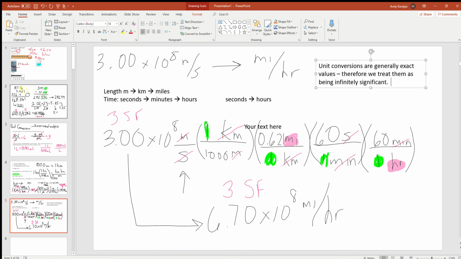What this means is that unit conversions do not impact the number of significant figures.